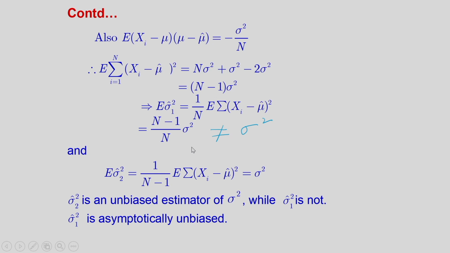That is why in determining the sample variance, we always divide by n minus 1 to make it an unbiased estimator. But as n tends to infinity, this quantity will become 1. Therefore sigma 1 hat square is asymptotically unbiased.